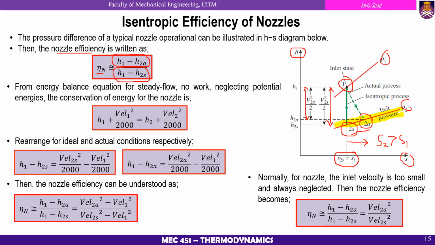Based on the energy balance equation for a steady flow nozzle, we have no work and can neglect the potential energy. Therefore, the conservation of energy principle for the nozzle can be written as h1 plus velocity 1 squared divided by 2000.